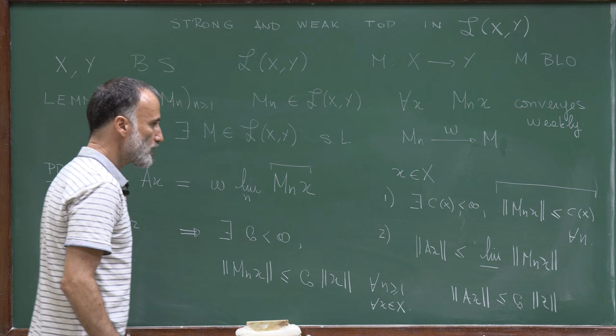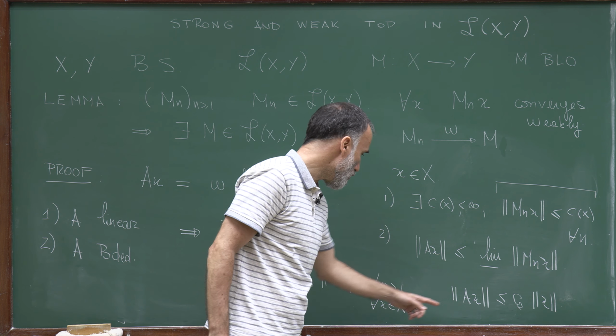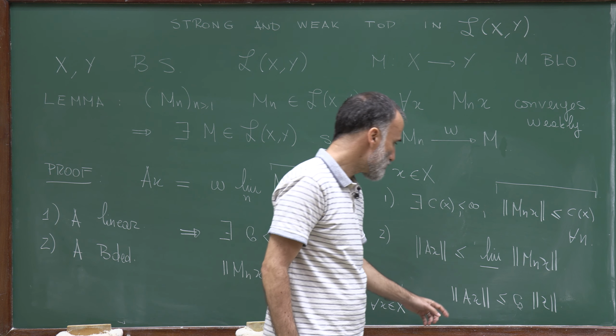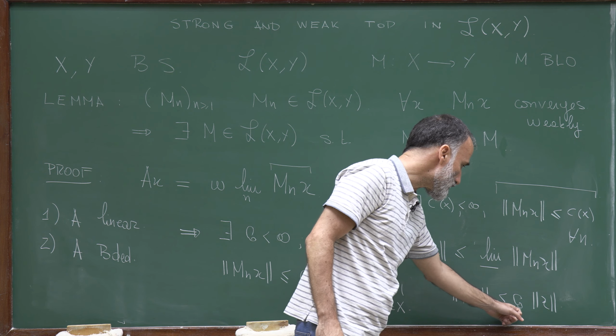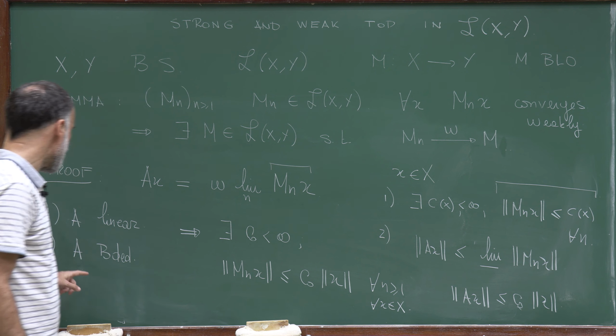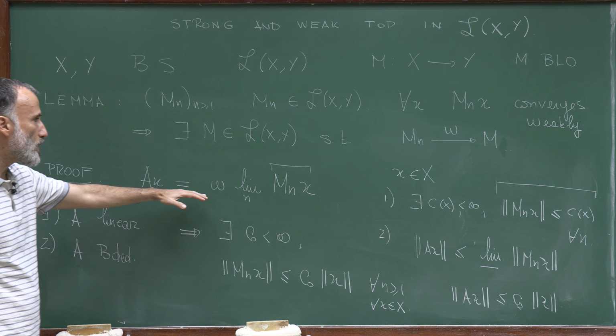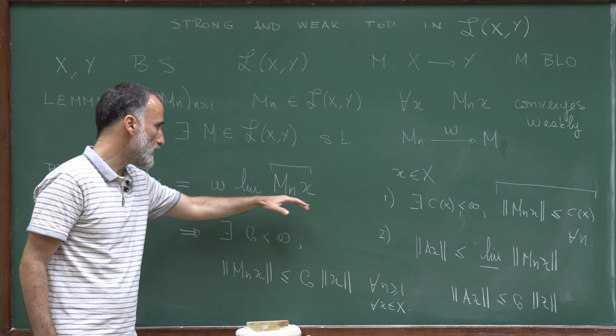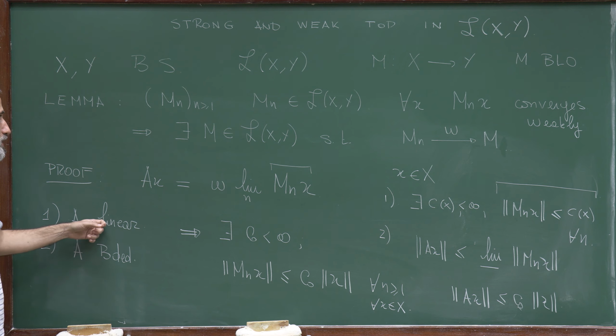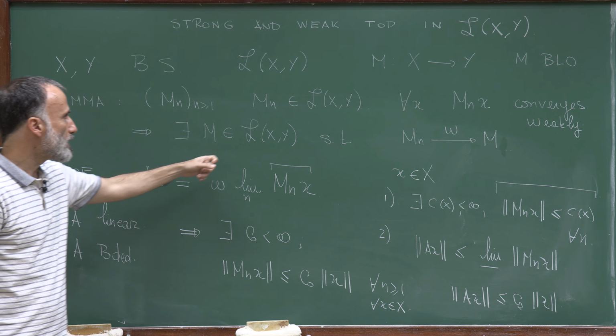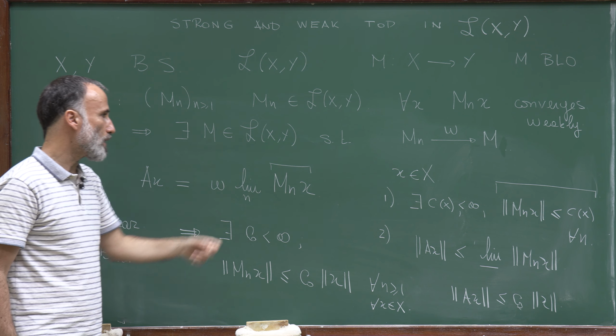And this holds for all x in X, so this proves that A is a bounded operator, which was my second claim. So up to now we proved that if we define Ax as the weak limit of the sequence M_n x, A is a bounded linear operator, so A is an element of L(X,Y).